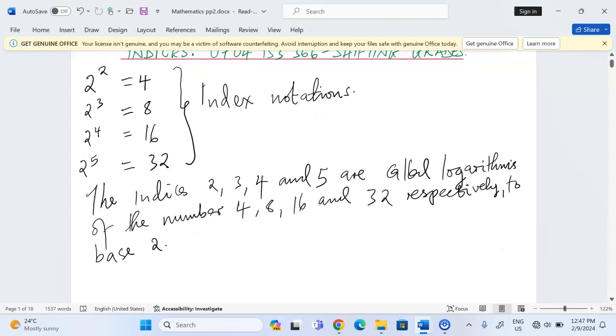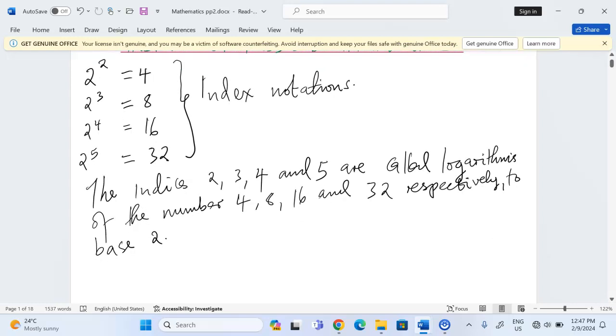So if we take the first one, for example, if we are changing it to logarithm form, we will say the logarithm of the number here, which is 4, to the base, which is 2, equals 2. We also go to the next and say the logarithm of 8 to base 2 is equivalent to 3.